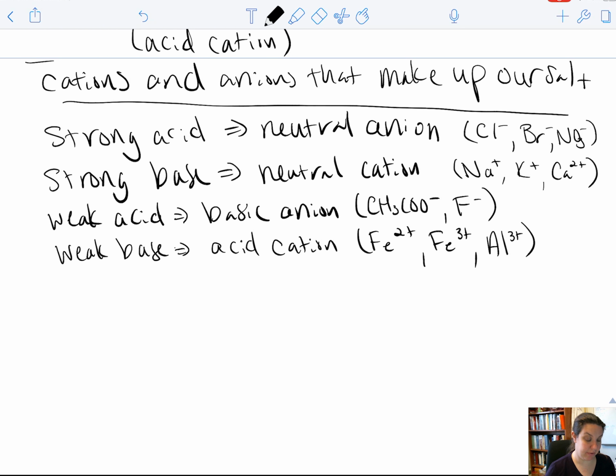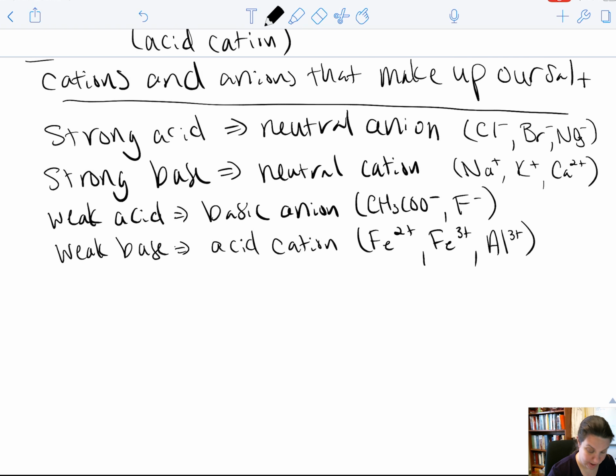So, when we think about our salt, we think about adding a cation and anion together. And if we have the cation and anion together, we can determine if we have acidic, basic, or neutral salt. Let me do this in a different way actually. So let's take something like NaOH plus HCl. This will give us a neutral cation.